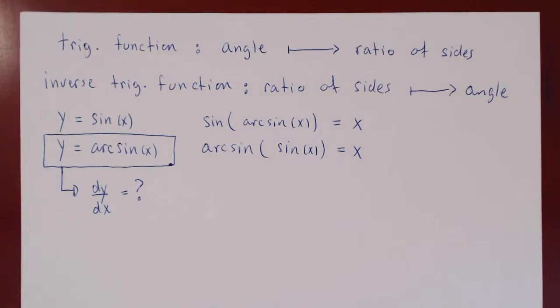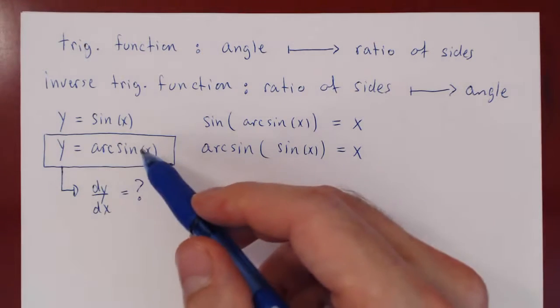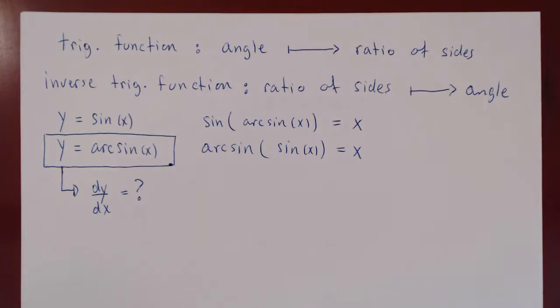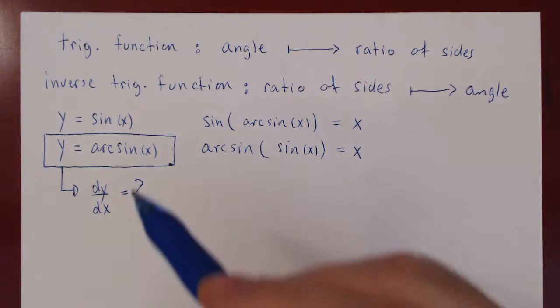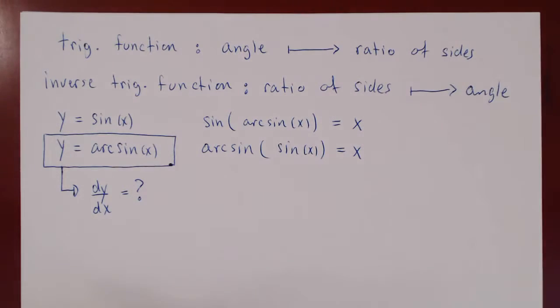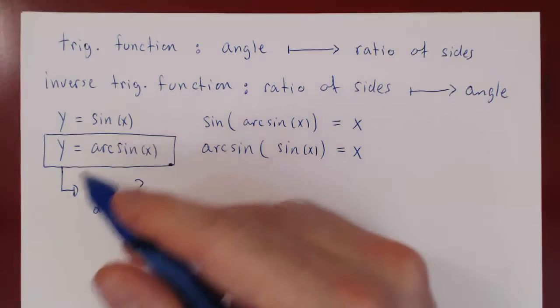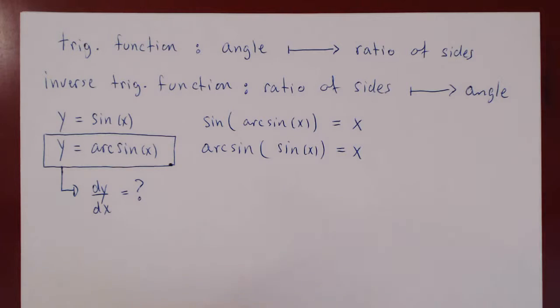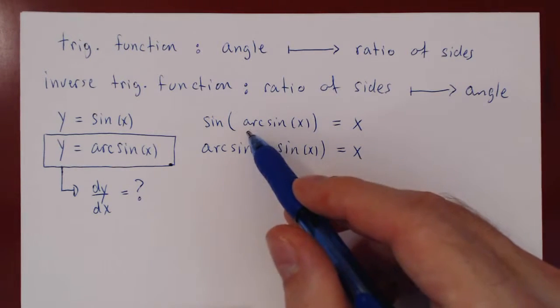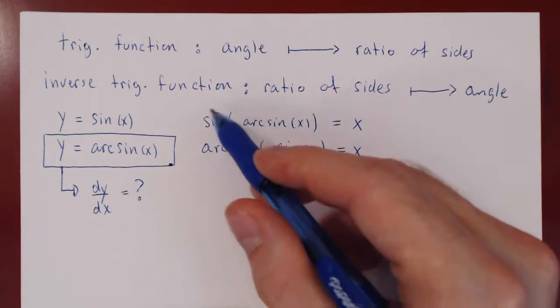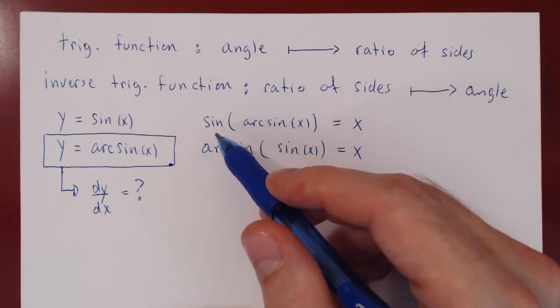Well, if we leave it like y equals arc sine of x, this is actually not easy. We have nothing so far that will help us differentiate arc sine of x. The idea is, if the arc sine wasn't there, maybe we could do something. To cancel the arc sine, we have to compose with its inverse, the sine function.